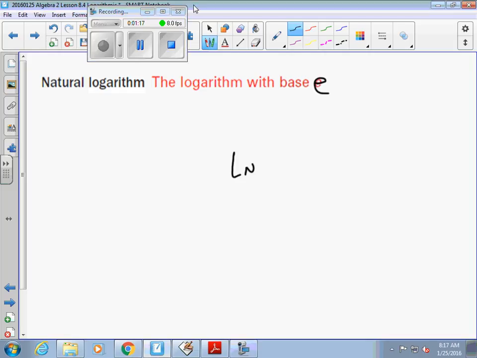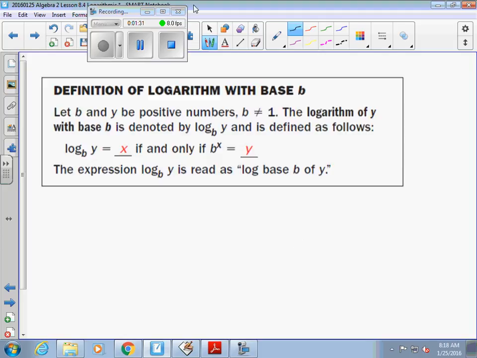But again, LN is natural log, so they have a base of e. So anytime you see LN, there won't be a number there either, because its base will be e. If you see LN with a number, then you'll do it with that base instead of the e that the 10 is in place of when it says log.